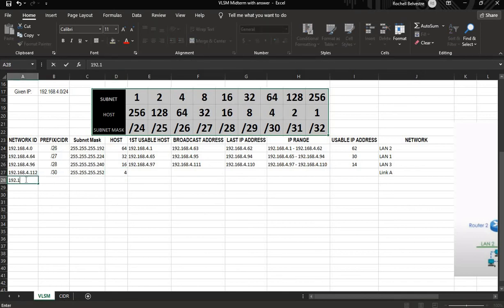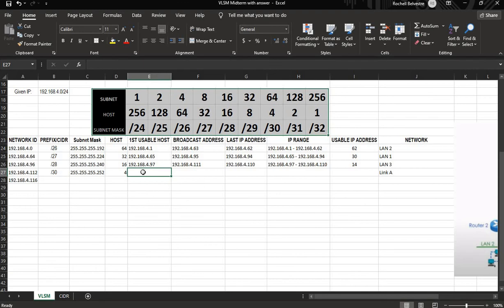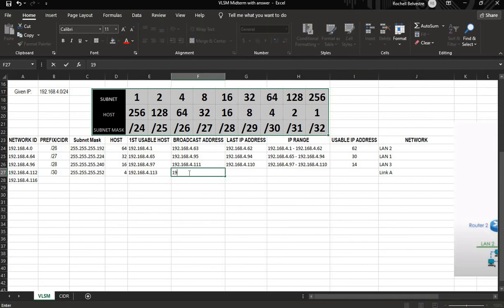So the next network ID would be 192.168.4.116. And then the first usable host, or the first usable IP address, would be 192.168.4.113. The broadcast address is the network ID minus 1, so 116 minus 1 is 115.